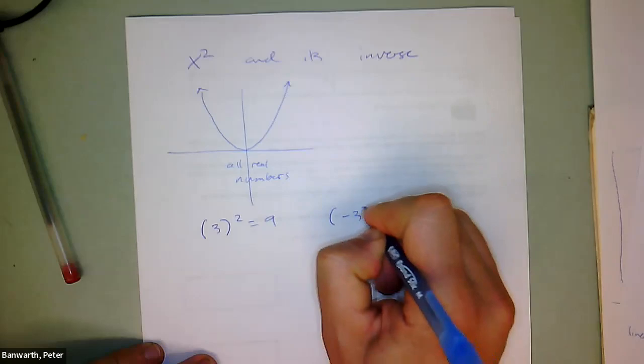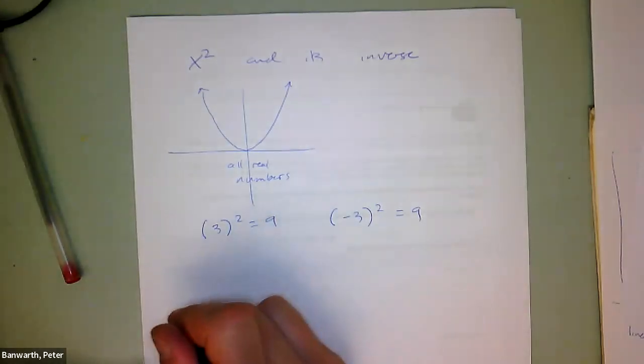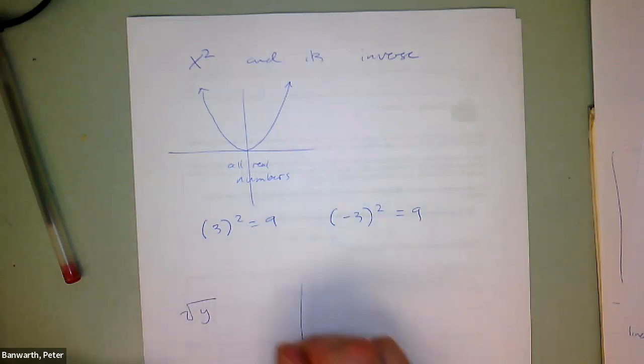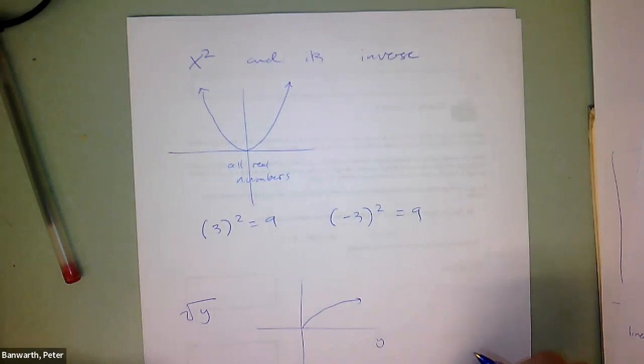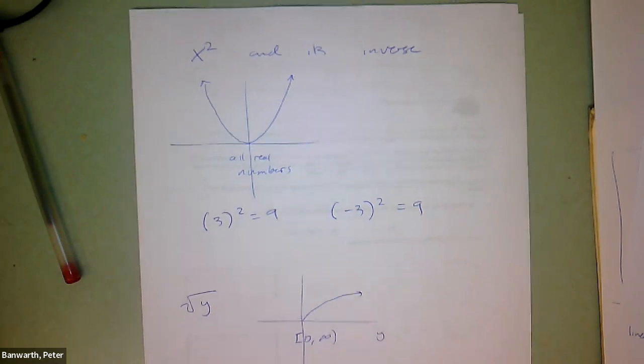I can also do -3 squared, which is also 9. The square root of y looks like this, and this is only 0 up to infinity, because I can do the square root of 9, which is 3, but I can't do the square root of -9.